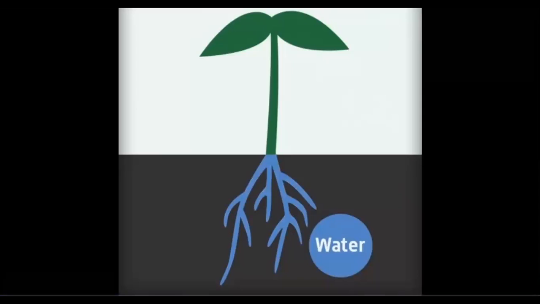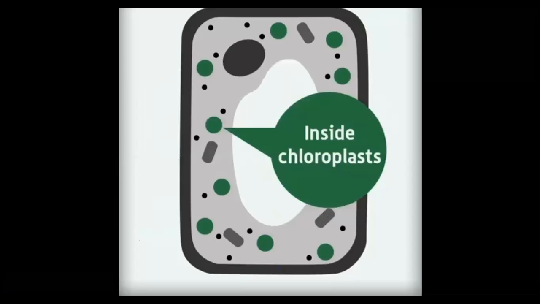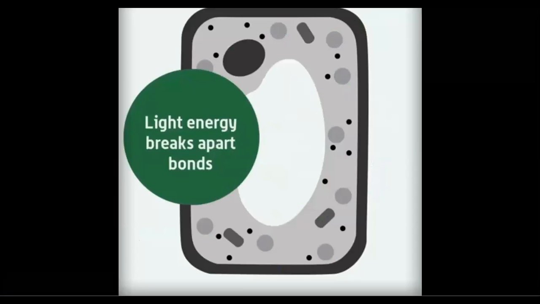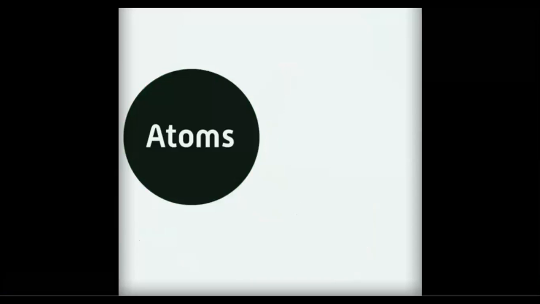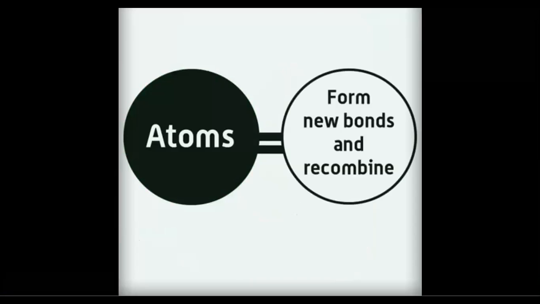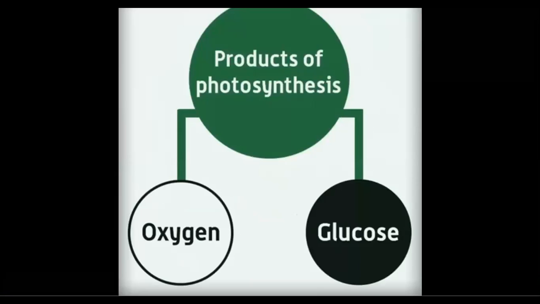Water is absorbed by the roots and travels up the stem and into the leaves through a hollow pipe-like tissue called xylem. Inside the chloroplasts, light energy is used to break apart the bonds holding together the atoms in carbon dioxide and water. These atoms can then form new bonds and recombine to form the two products of photosynthesis, oxygen and glucose.